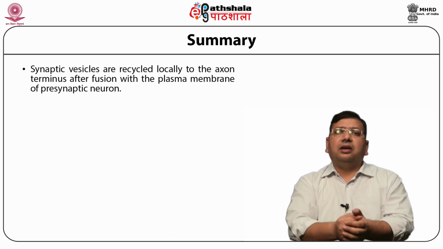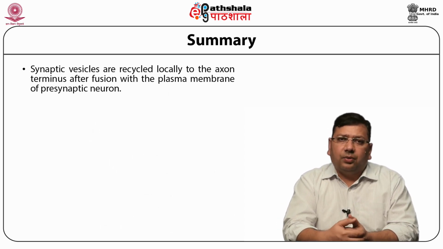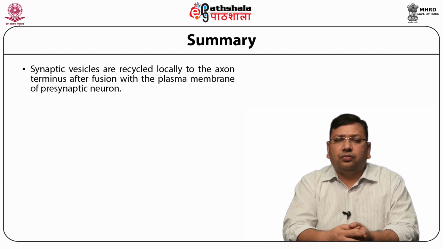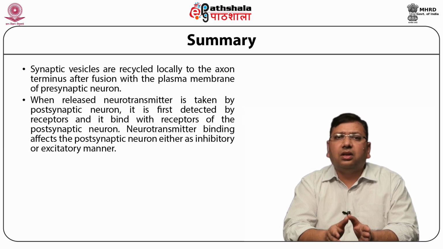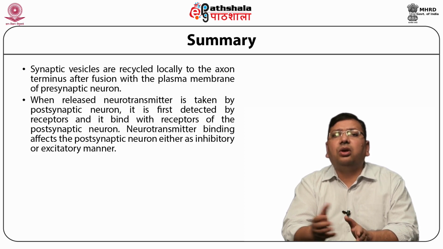Synaptic vesicles are recycled locally to the axon terminus after fusion with the plasma membrane of presynaptic neurons. When the released neurotransmitter is taken up by the postsynaptic neuron, it is first detected by the receptor, where it binds, and then neurotransmitter binding affects the postsynaptic neuron in either an inhibitory or excitatory manner.